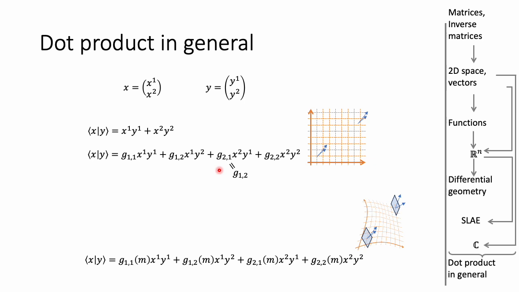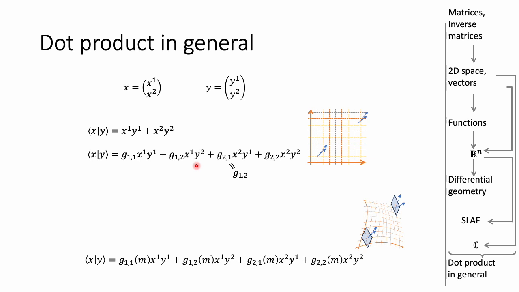And then each of these triple products has to be summed together. And actually here is another example of how matrices are used, because g with the sub-indices is also a matrix, obviously. The first sub-index ranges from 1 to 2, and the second sub-index ranges from 1 to 2.